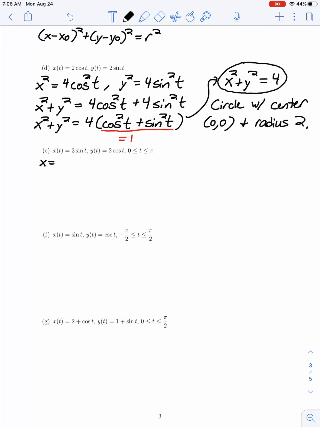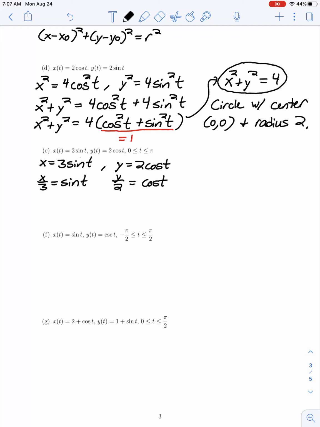So for our first equation, we have x is 3 sine of t. So if I solve for sine of t, I would just have to divide both sides by 3. So sine t is x over 3. And our second equation is y equals 2 cosine t. So dividing by 2, we have cosine of t is y over 2.